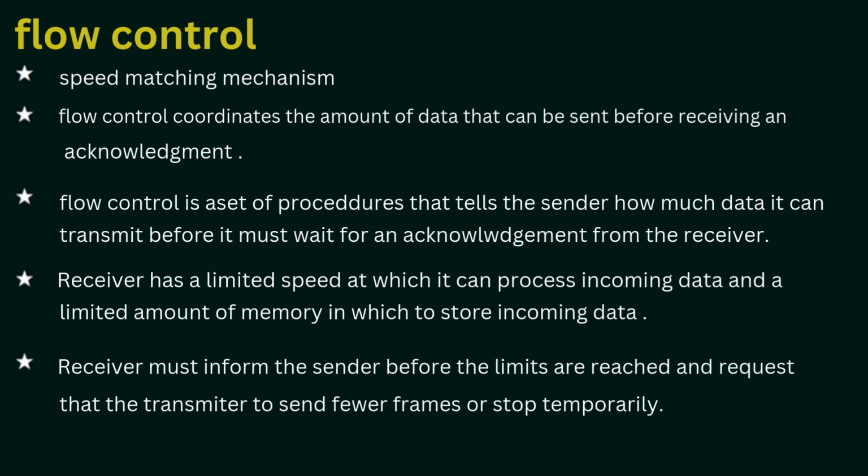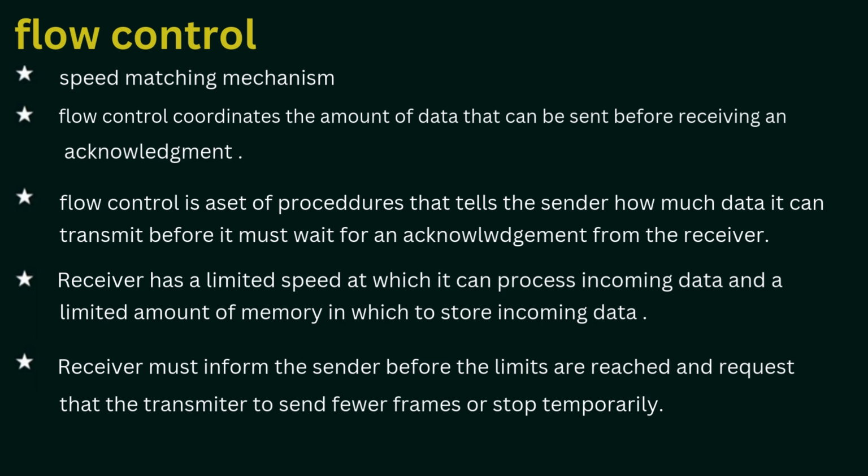Second point, flow control coordinates the amount of data that can be sent before receiving an acknowledgement. Third point, in other words, flow control is a set of procedures that tell the sender how much data it can transmit before it must wait for an acknowledgement from the receiver.